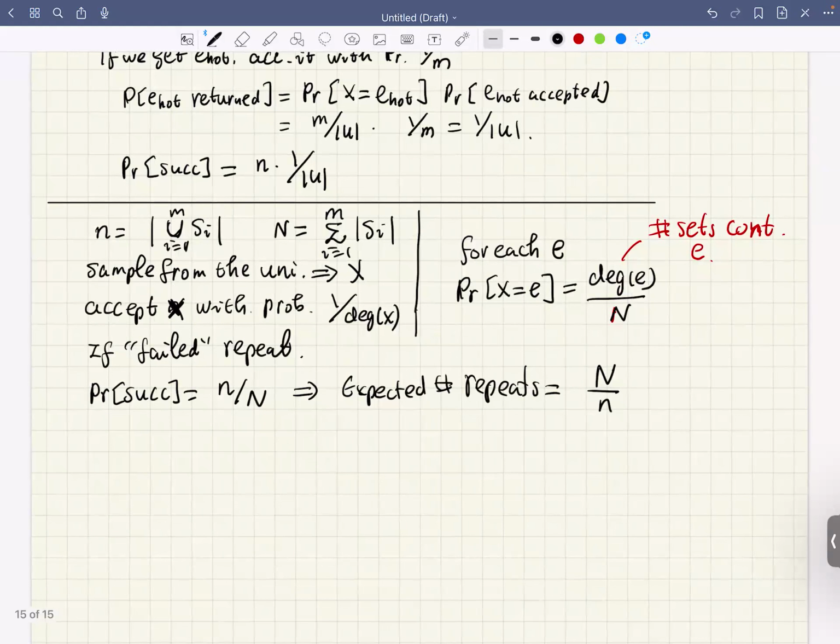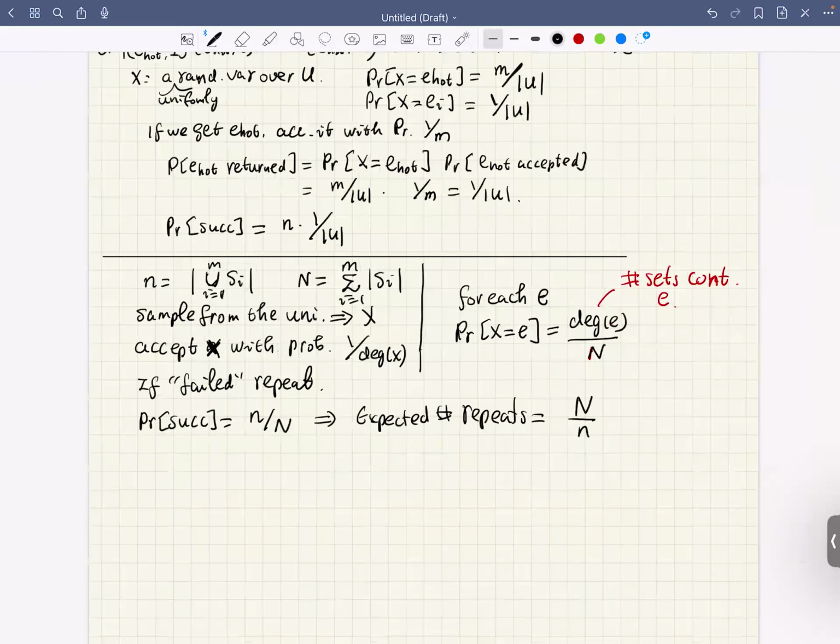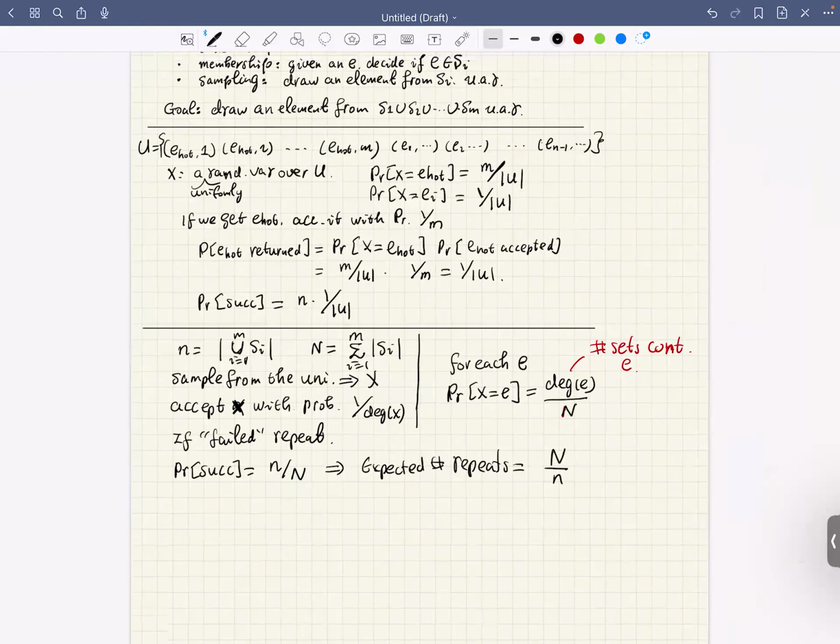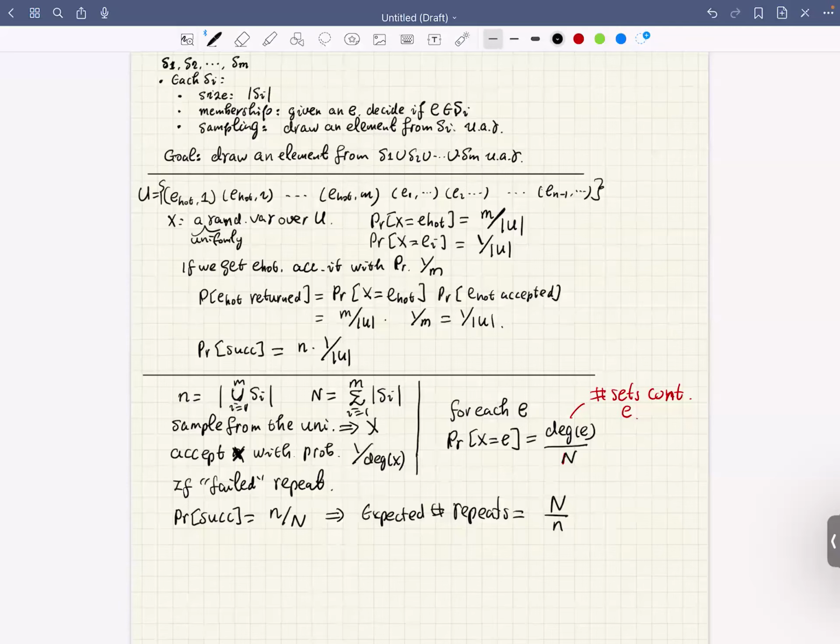But there is a very important detail we have not touched upon. How would you be able to implement this acceptance step? Think about the operations that you are allowed to use. You're allowed to use these 3 operations. Now I have a particular element for you, this yi, and I want you to implement the acceptance step.